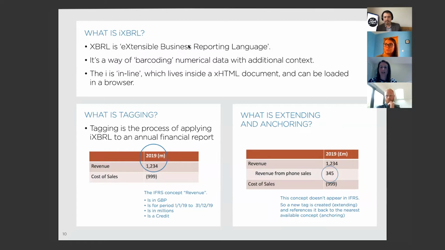Then we would anchor that to the closest IFRS concept, which would obviously be revenue. And that's where there are probably more judgment calls over what that would look like, and that's where we've found that our expertise is very helpful.